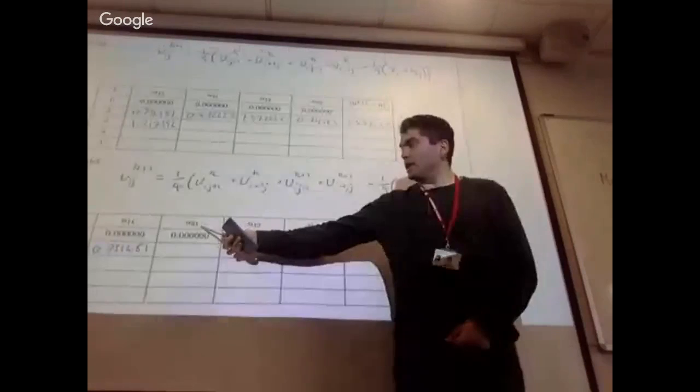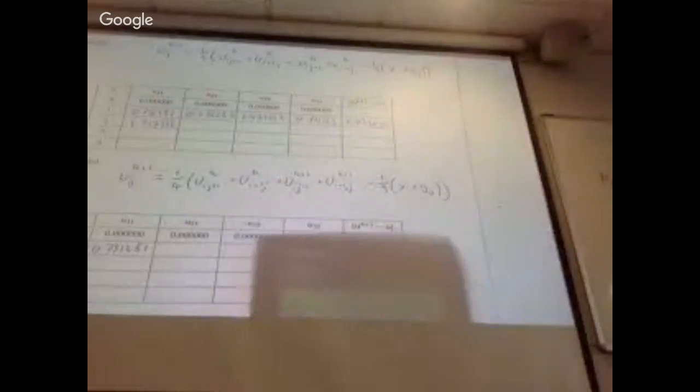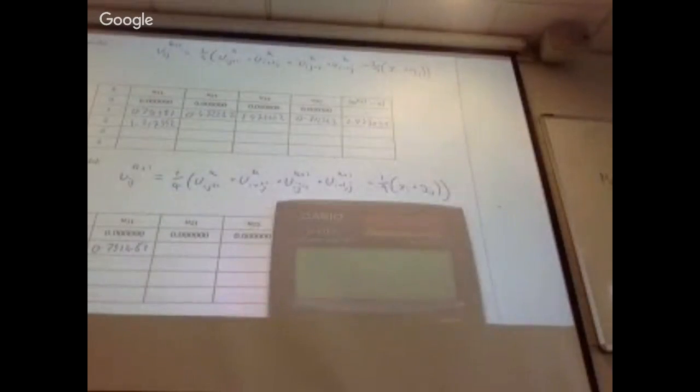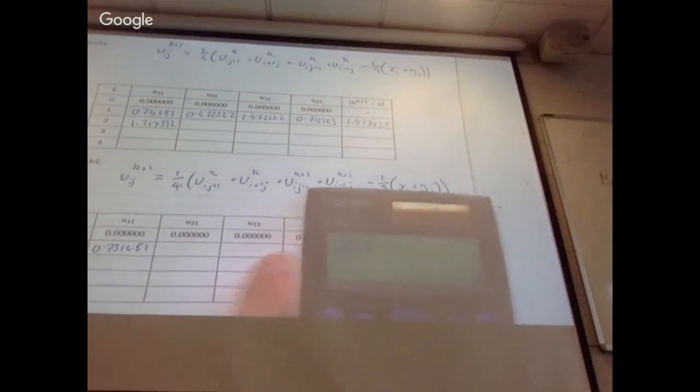Now I'm going to calculate node U21, which is going 1 across. So a bit of number crunching. We have a quarter multiplied by the node to the top, which is U12, which is 0. I know you don't need to write it, but I'm going to.